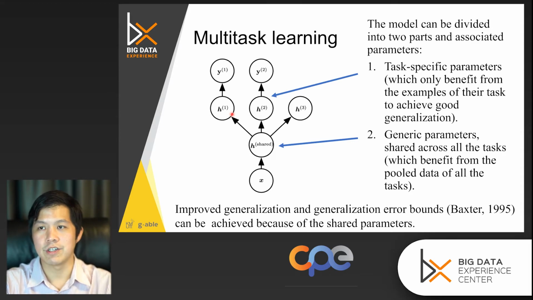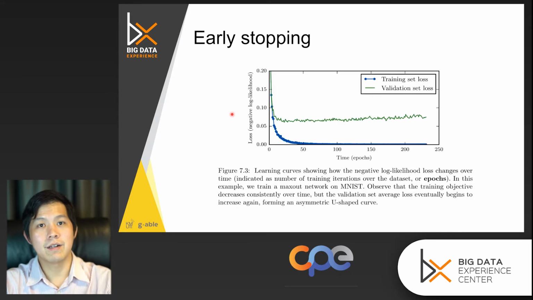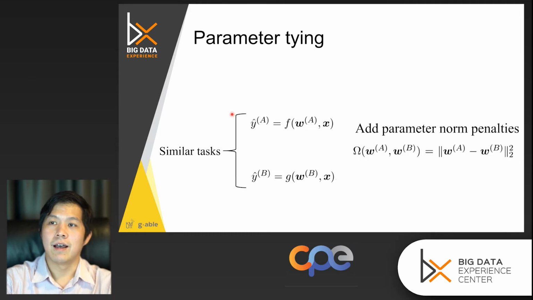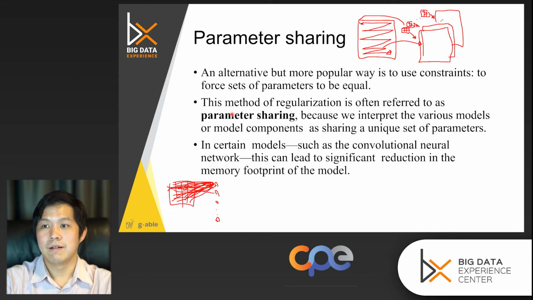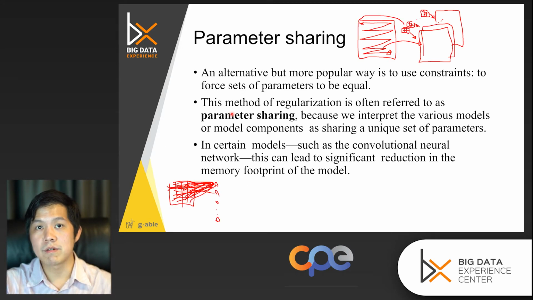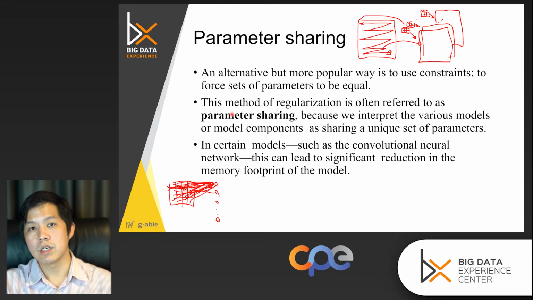You get the shared features out. Do early stopping, reduce the time to learn, tie the parameters, tie the same task together, creating the sharing of parameters when you want it to just learn one pattern.